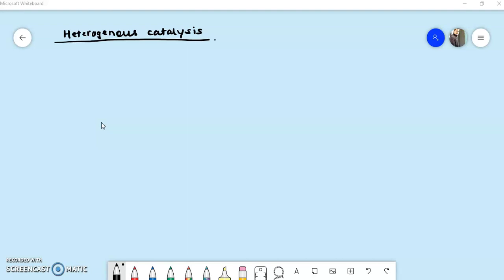As I said earlier, the alkene and catalyst are in different phases, therefore it is called a heterogeneous catalyst.